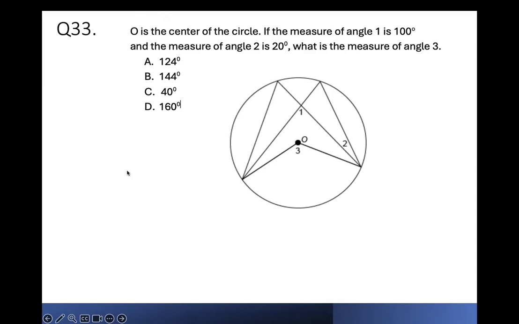Good. This is an inscribed angle. But what is the definition of an inscribed angle? Find the central angle. The central angle has to start from O, and it has to attach to 2 points of the circle. Anything that joins those 2 points together is also an inscribed angle.